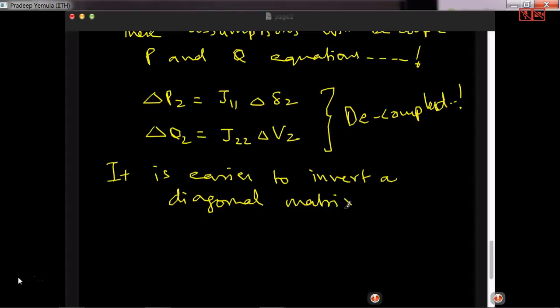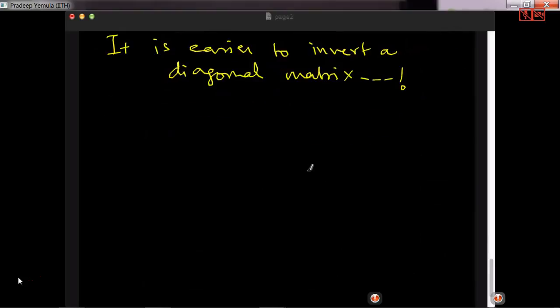I don't know whether you have studied this before or not. So let's say I give you a matrix A equal to 5 0 0, let me take 4.